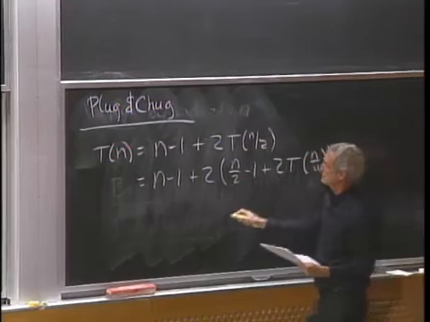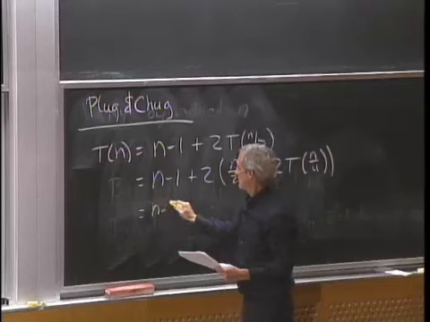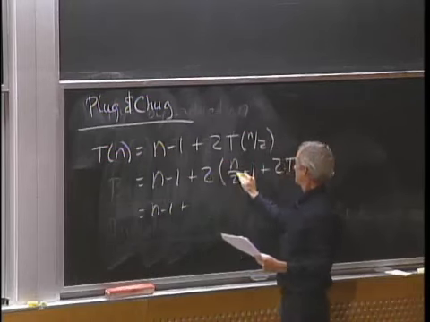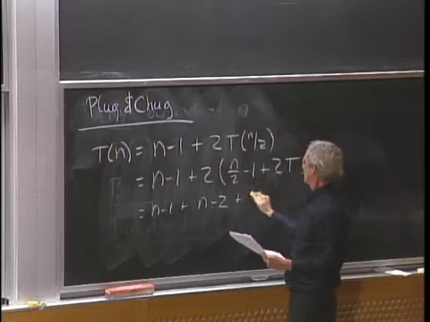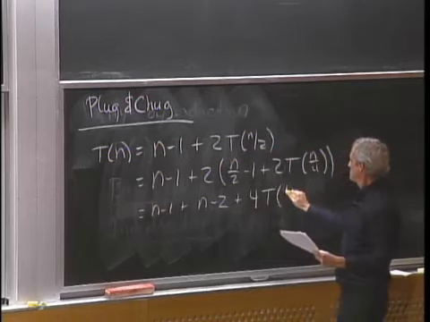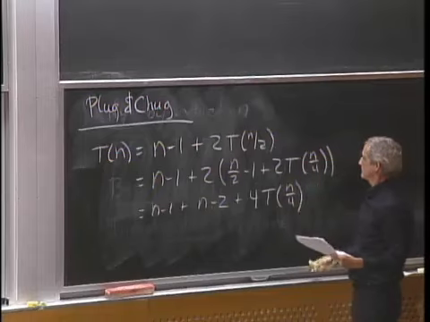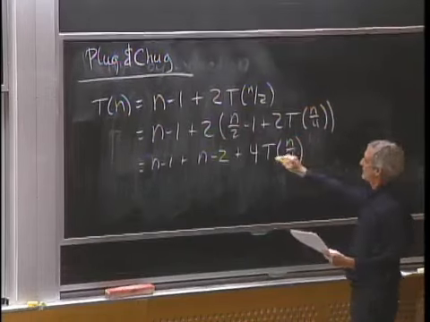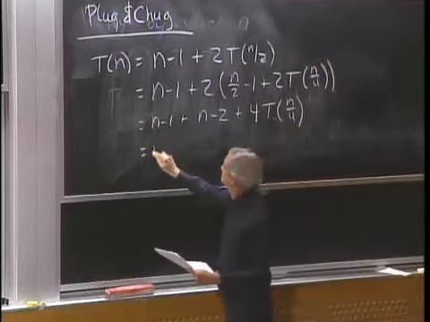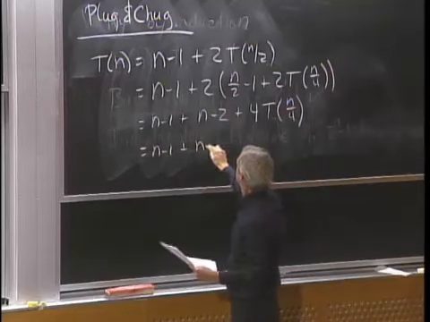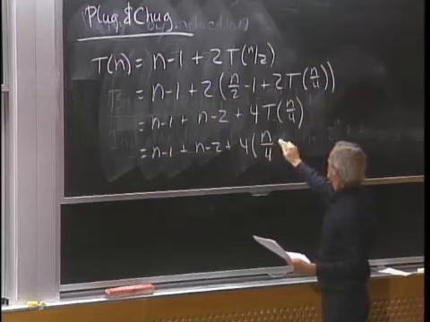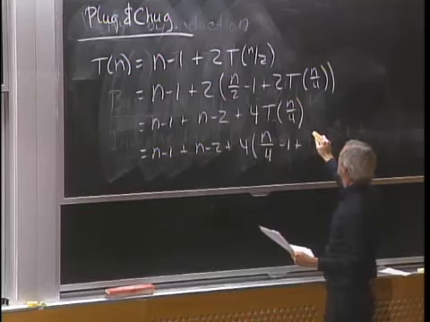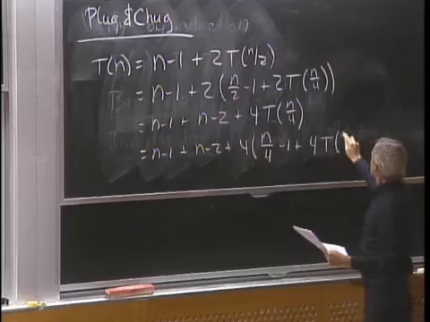Then I chug. So I have n minus 1 plus n minus 2 plus 4T(n/4). All right, then we'll plug in here, and I get n/4 minus 1 plus 4T(n/8).